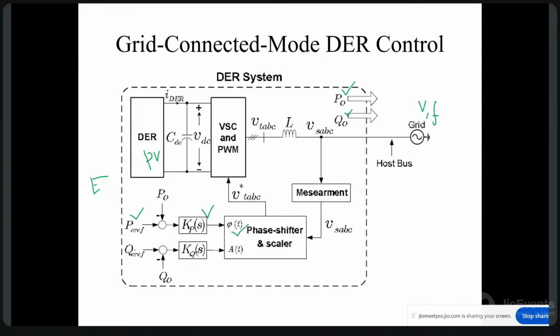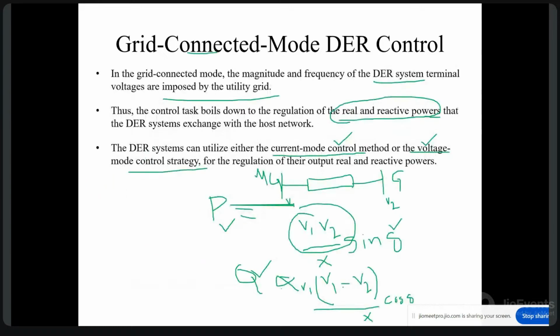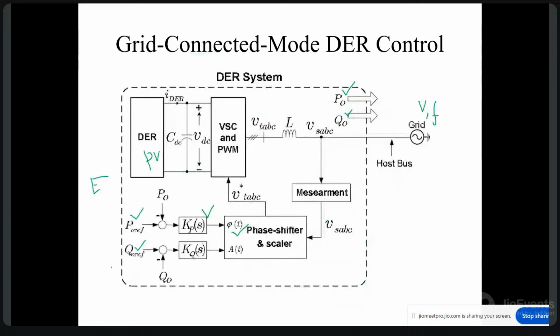And reactive power, as we have just discussed, the magnitudes will decide the amount of the reactive power. So what is the reference reactive power and what is the actual reactive power? We'll have a controller that gives the magnitude, at what voltage I should be maintaining. So I know the magnitude, I know the phase, decided based on the reactive power and the real power.